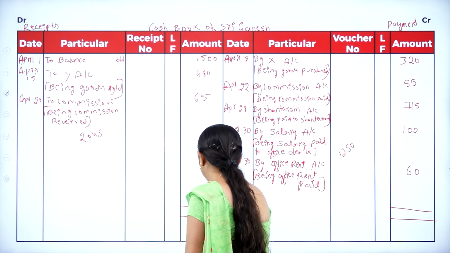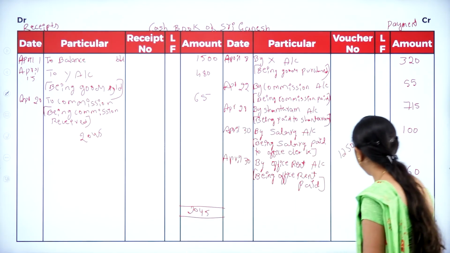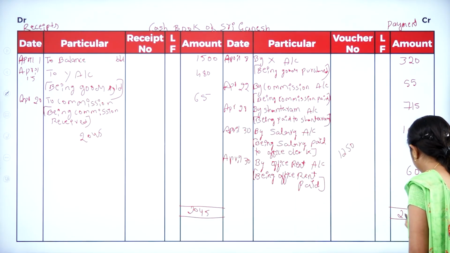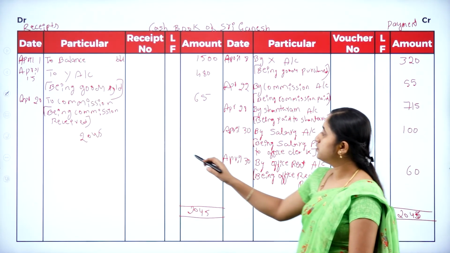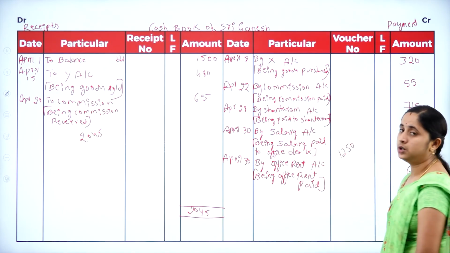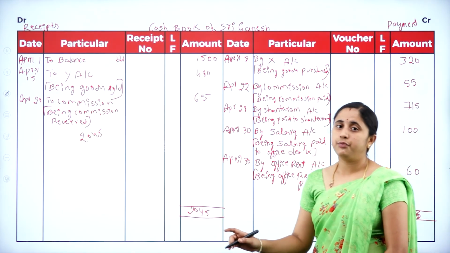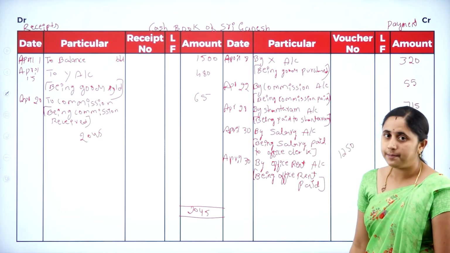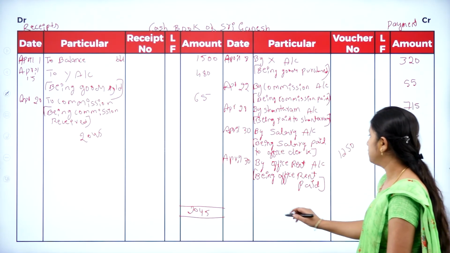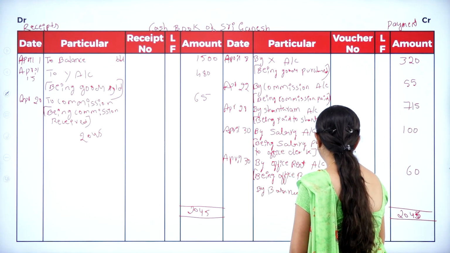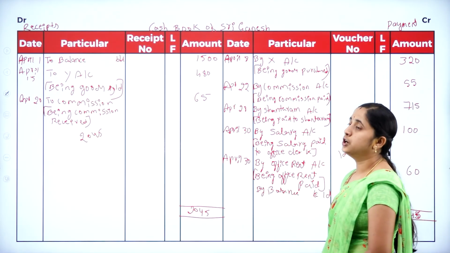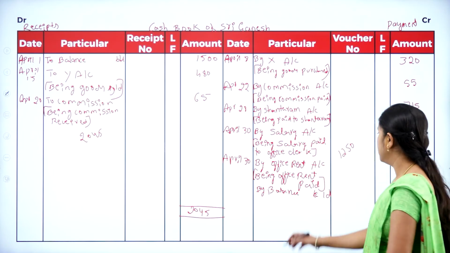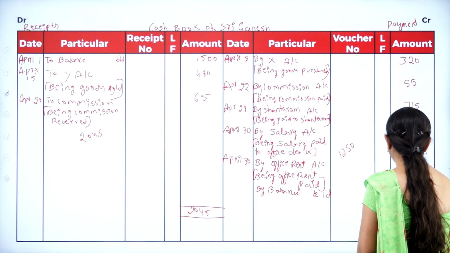Write on both the sides 2045 and find the difference. 2045 minus 1250. Find the difference and write it as by balance carry down. The difference between 2045 and 1250 is 795. So write 795.